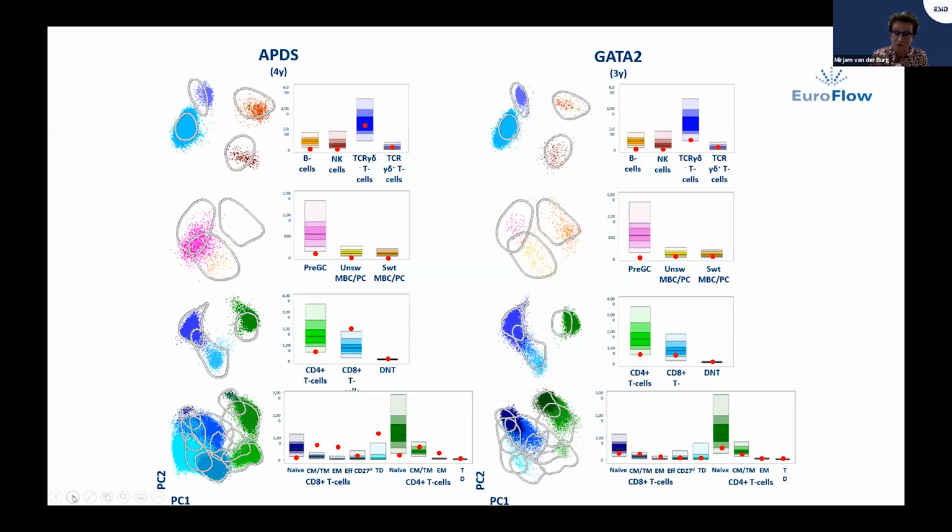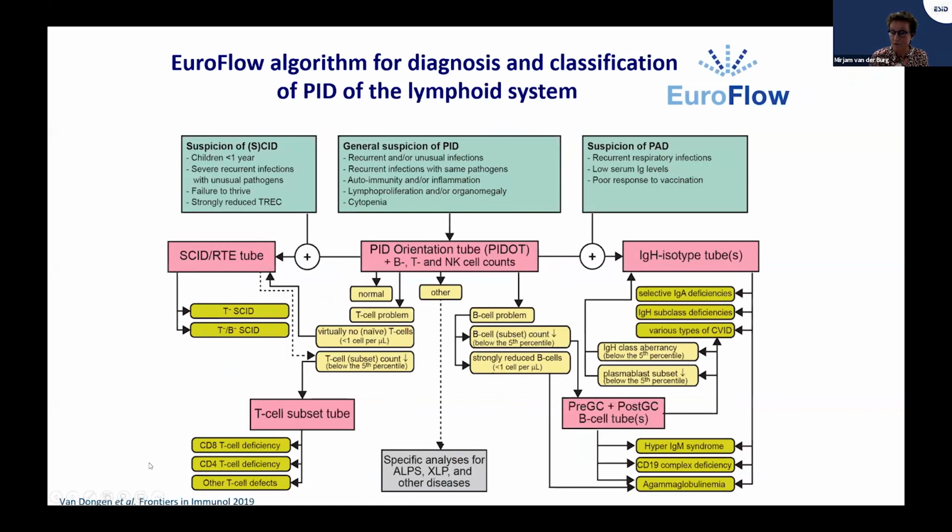That gives you a different view on the analysis of lymphocyte subsets, especially in the context of diagnostics. On top of this PID orientation tube, you can further build with several other tubes focusing on SCID or T cell subsets or isotypes or other B cell subsets. I will not go into this today.